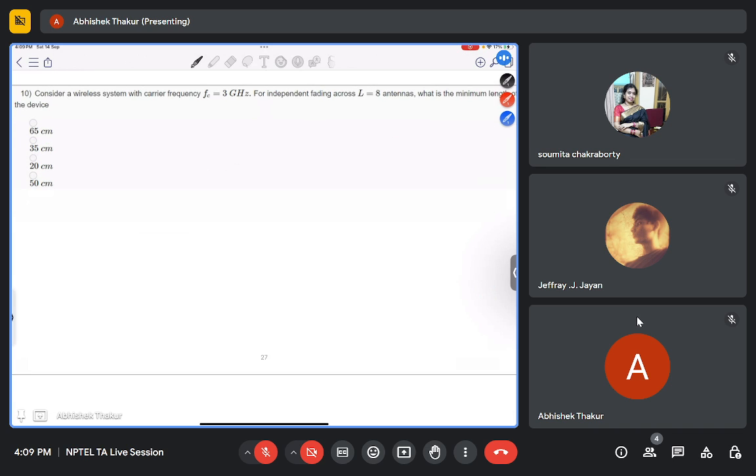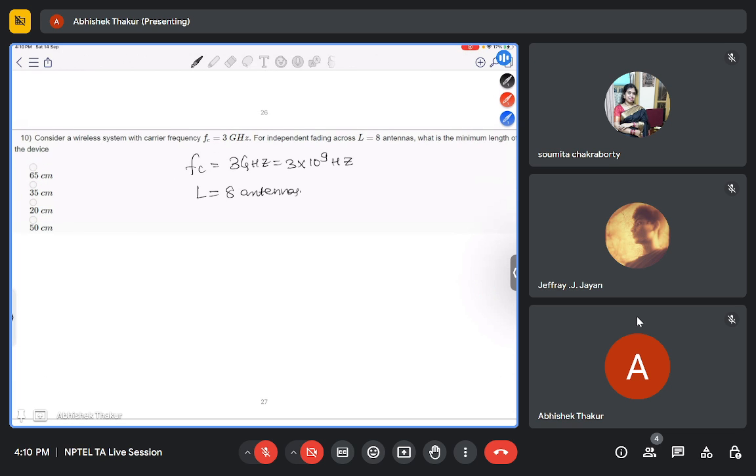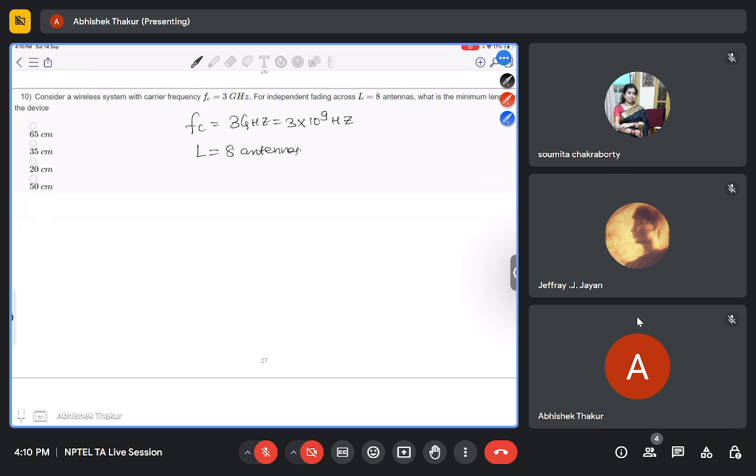Now coming to the last question of today's lecture. Consider a wireless system with carrier frequency is 3 gigahertz. So that is equal to 3 into 10 to the power of 9 hertz. For independent fading across L is equal to 8 antenna receive system, what is the minimum length of this device?